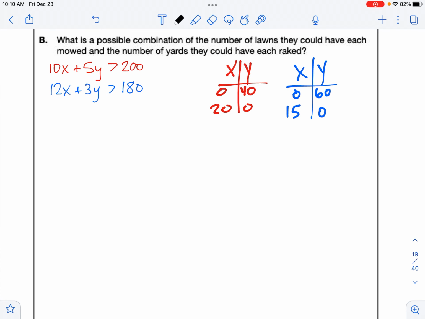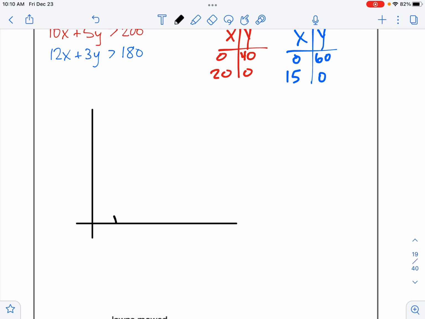So I'm going to make a little graph here. My graph needs to go, on the x-axis, to 20, and on the y-axis it has to go to 60. So let's just make a little grid here. If I count by 5, this should be good: 5, 10, 15, 20.